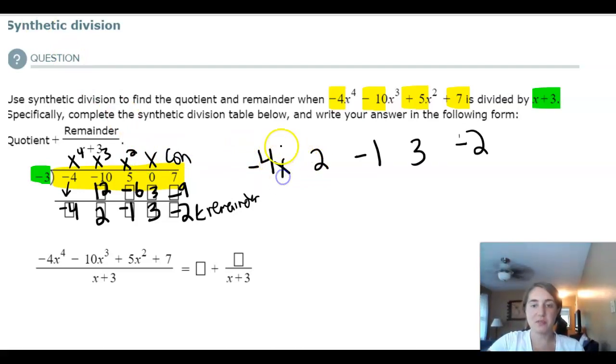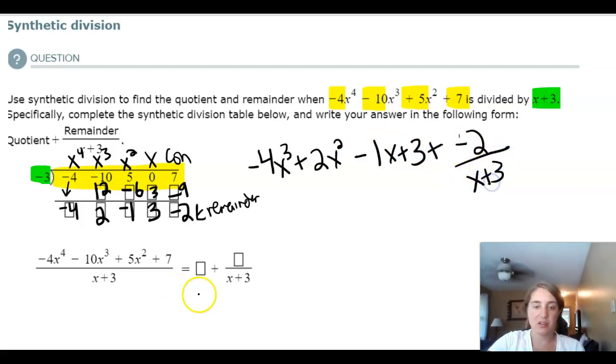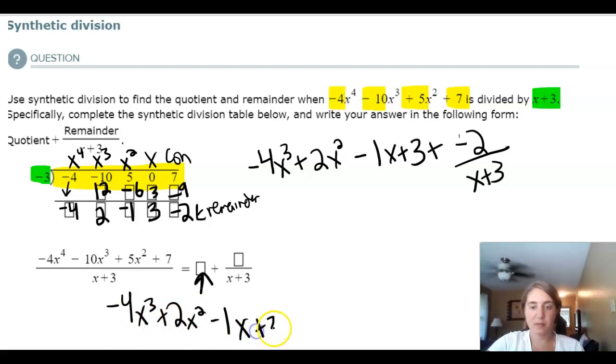So this used to be x to the third, now x squared, now x. Now a constant, and this is my remainder. So into this box, I would put our negative 4x to the third. And my remainder would be negative 2.